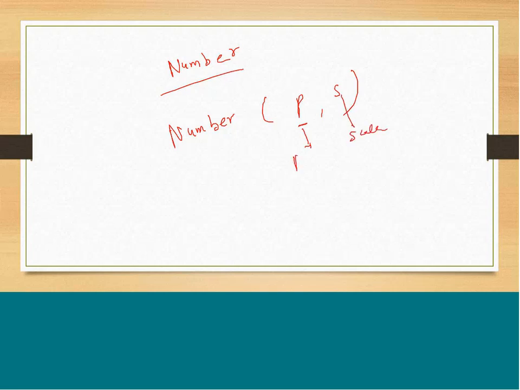So a number, we can either represent this data type like this, number, or we can write it like this as well, number P comma S. What is PS? This is precision and this is scale.